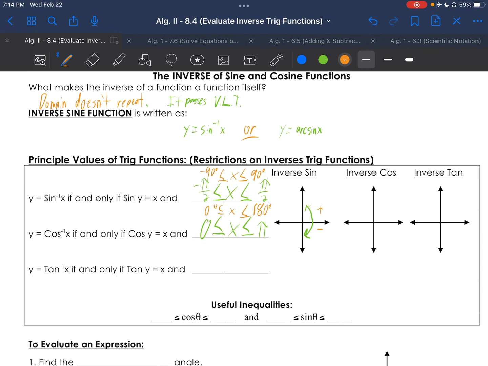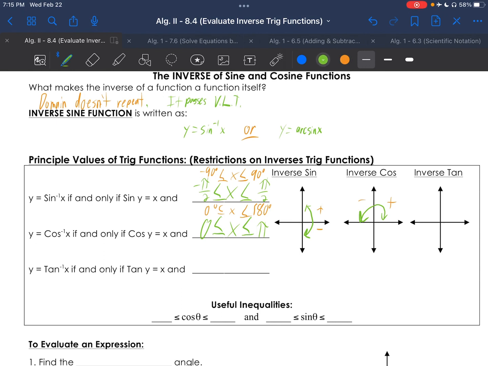So that would be anywhere from here to there, anywhere above the x-axis. And it's positive in quadrant 1 and negative in quadrant 2, just like cosine itself would be, because cosine was our x values on our unit circle.